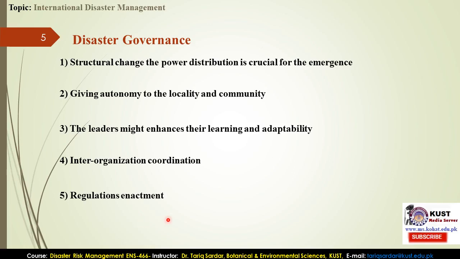So that was a brief about international disaster management: what the basis for that was, who can be the participants, and other related ideas and information. What does it actually mean?